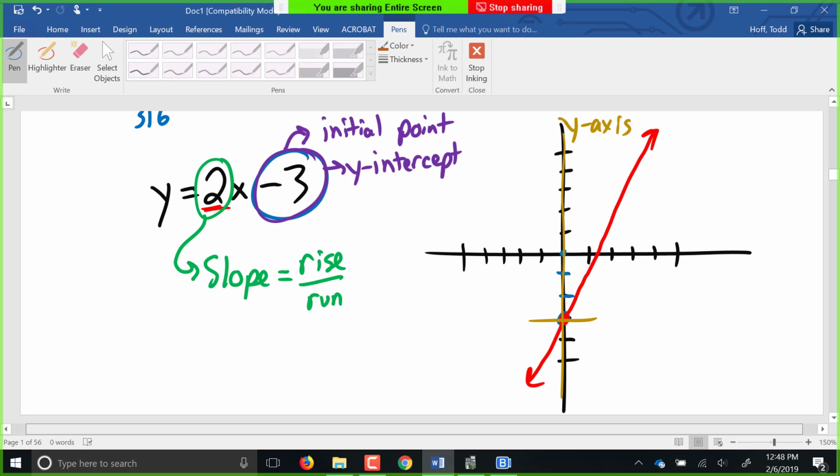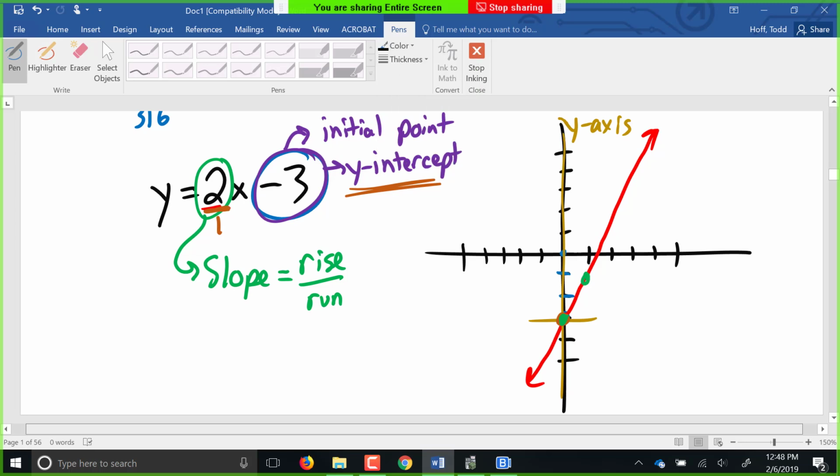Well, any whole number can be turned into a fraction or a ratio by simply putting it over 1, 2 over 1. So what that is saying is from our starting point, the negative 3 here, we rise 2, we go up 2, and we run or go over 1. So that's our second point on the line. And the line goes through those 2 points.